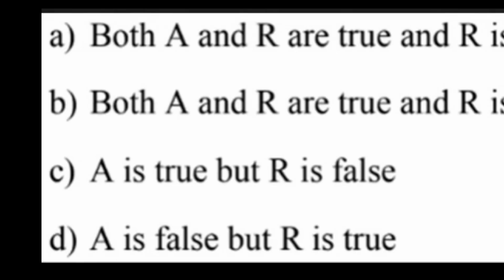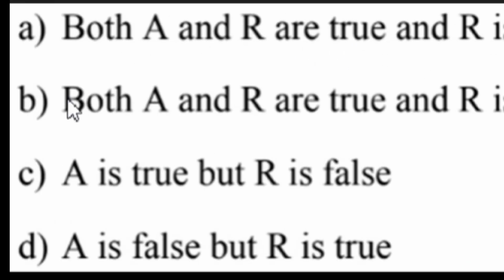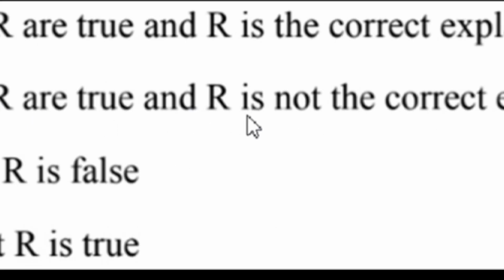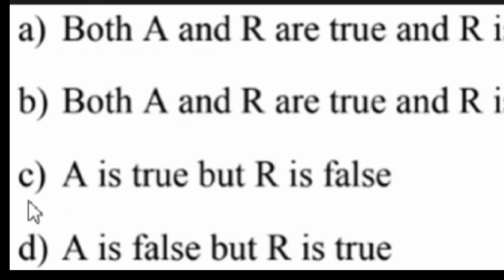Different options in assertion reason type of questions. First option, both A and R are true and R is a correct explanation of A. Second option, B, both A and R are true and R is not the correct explanation of A. C, A is true but R is false, and D, A is false but R is true.